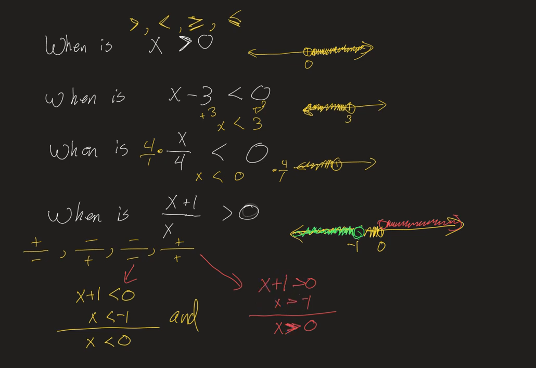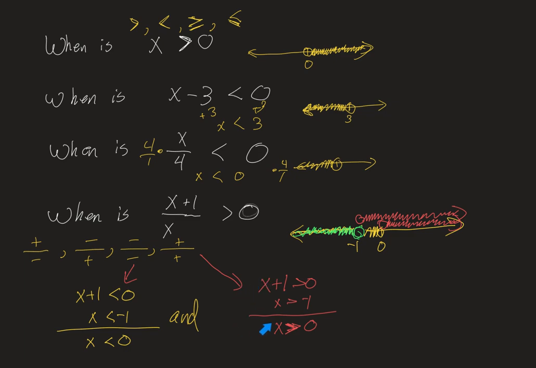The numerator, where is the numerator positive? The numerator is positive, greater than 0, anywhere that x is greater than negative 1. So there's negative 1. So I'm going to do negative 1 open dot, greater than negative 1. And in order to be positive, both the numerator and the denominator need to be positive.